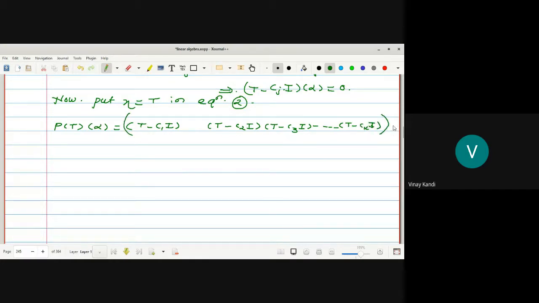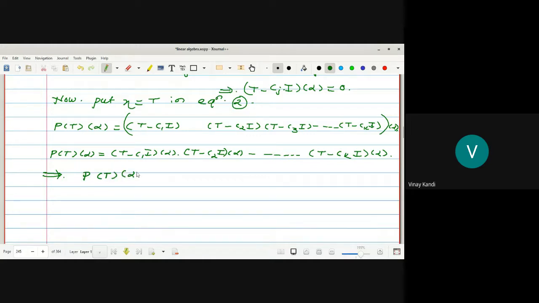So now p of T of alpha is equal to T minus C1 I of alpha into T minus C2 I of alpha, and up to so on, T minus Ck I of alpha. Any doubt here? This implies p of T of alpha is equal to 0.